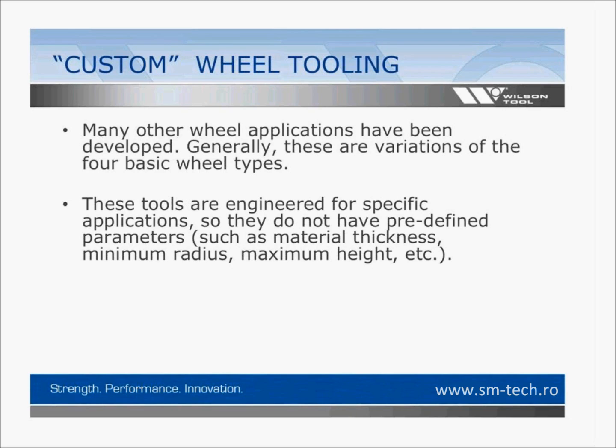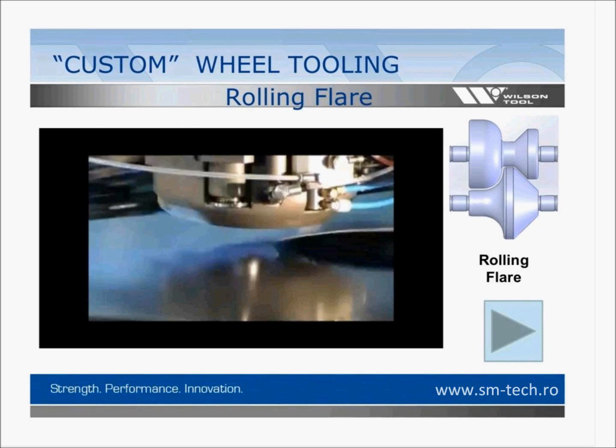We talked about many of the wheel tools having a lot of gray answers as far as max and minimum material thickness and the maximum height that can be formed. These are probably even harder to define as far as the minimum radius, maximum height, and max thickness, for example. So we really need to be looking at the specific applications in these cases.